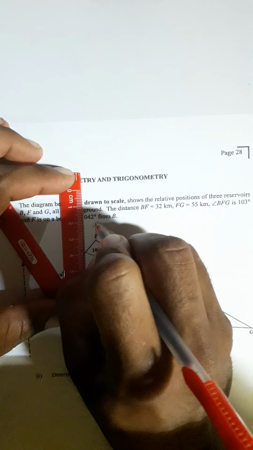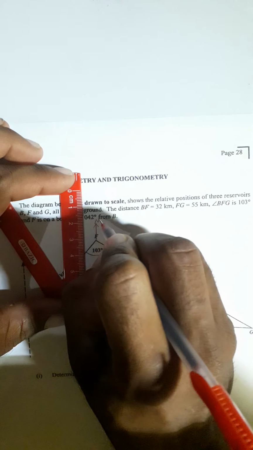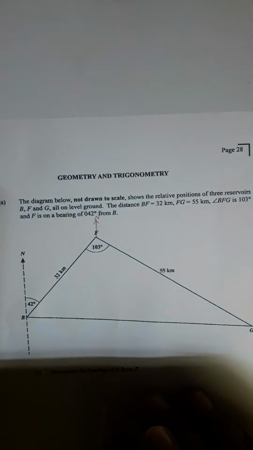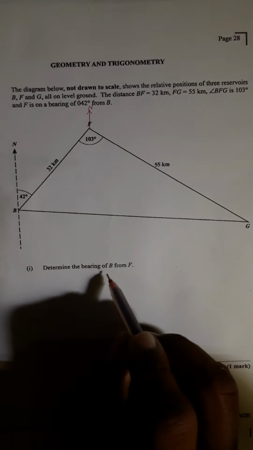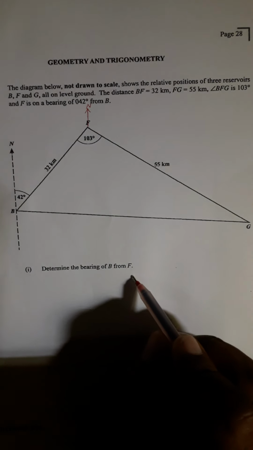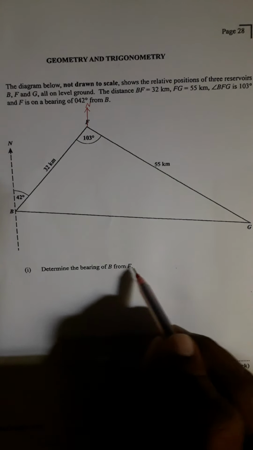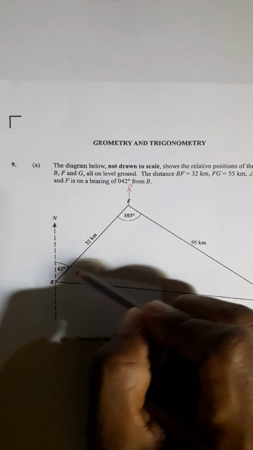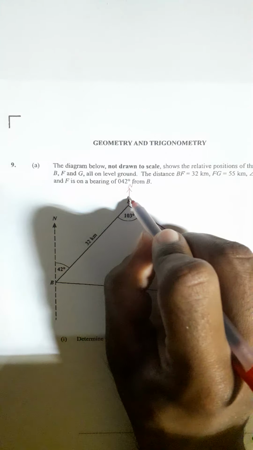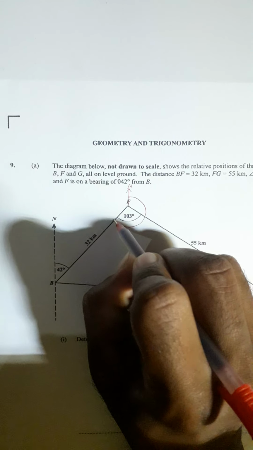I put N there to represent north. So the bearing of B from F. Let us see which line connects B and F. So here is B, here is F. This line connects B and F. The bearing starts from the north line in a clockwise direction. That's the bearing we need.